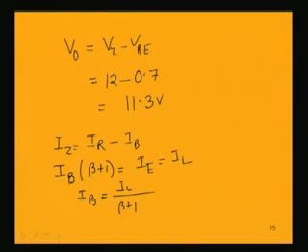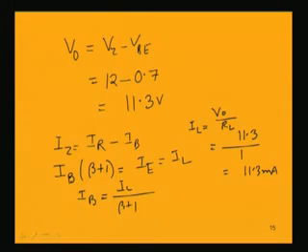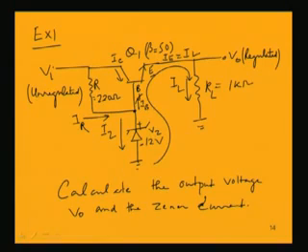Now what is IL? IL is V naught by RL. V naught we have found out as 11.3 volt. RL is given as 1K. So 11.3 milliampere, because this is 1 kilo ohm. So 11.3 milliampere is the load current, which is nothing but the emitter current, that is flowing into the load for this circuit.